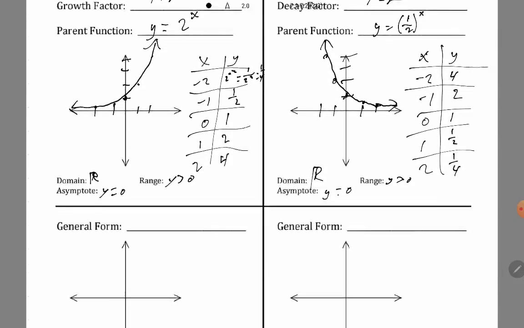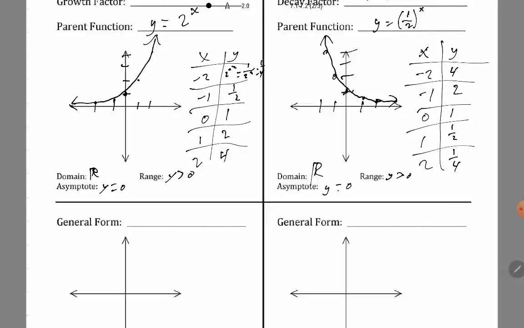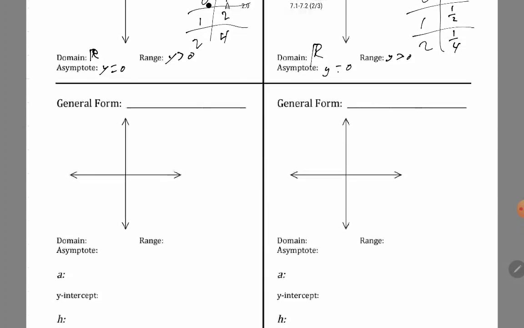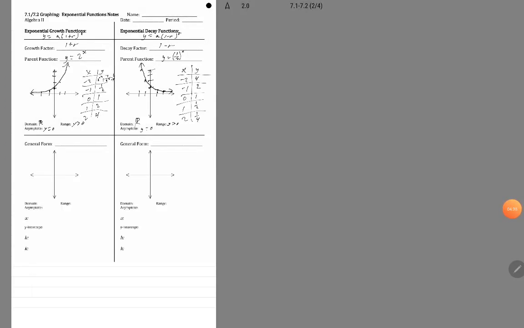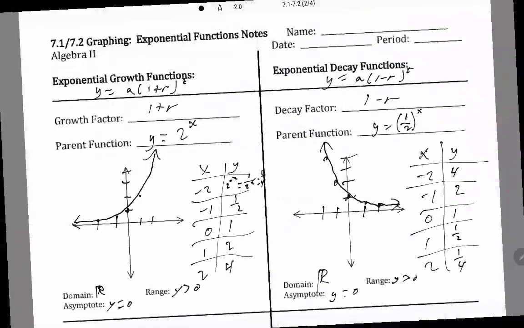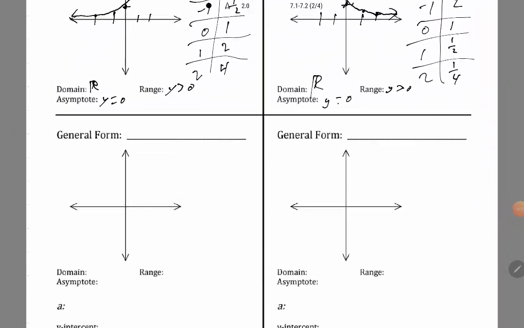Okay. Well, let's look at the general form. The general form for both of these is the same. So once again, both for the growth and decay model, the general form is the same. I'm just going to write it down once.